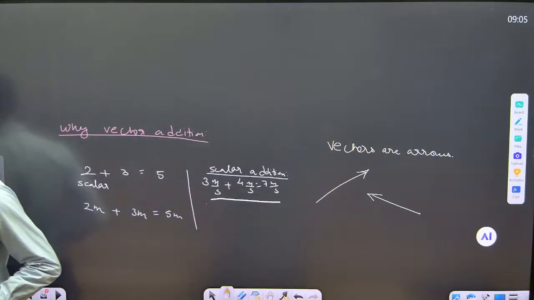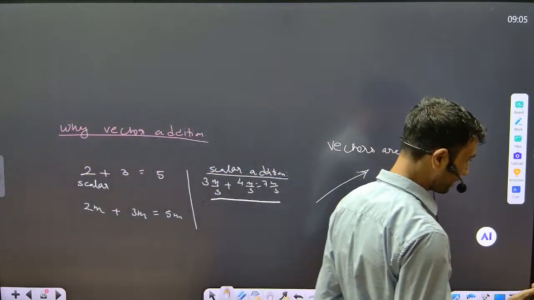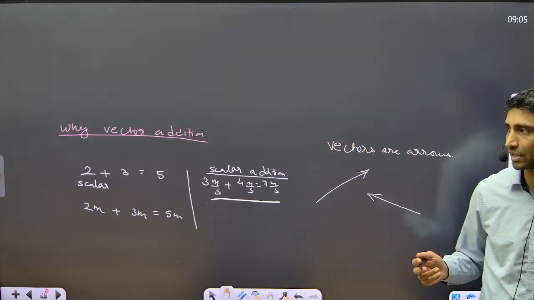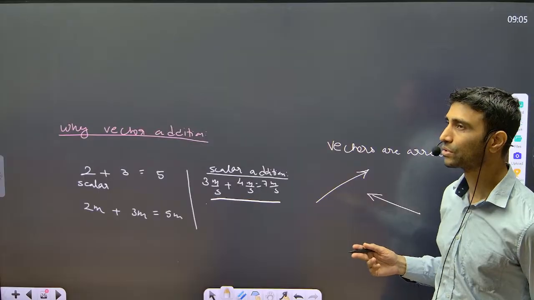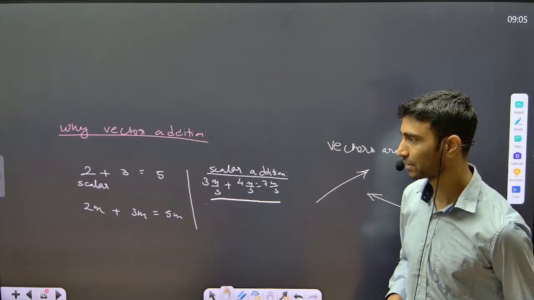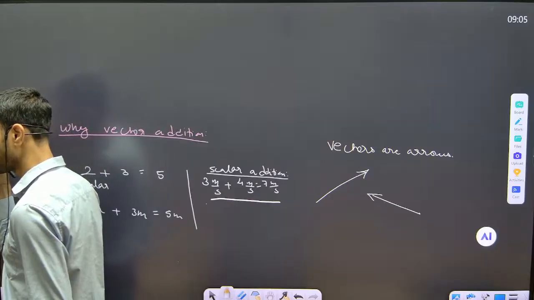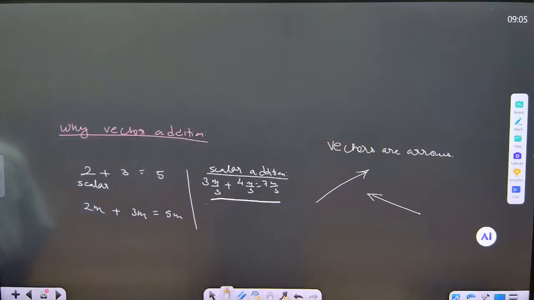It was never there in the syllabus to begin with. Was it ever there? No, it was never there, right? So adding arrows was never a part of your syllabus. Got it? So of course that's an entirely new thing to you, and that's what we are going to learn here.